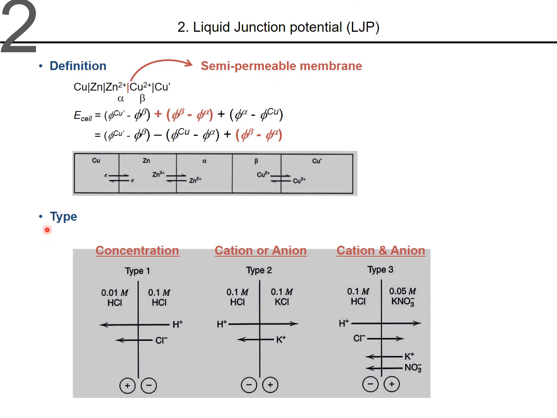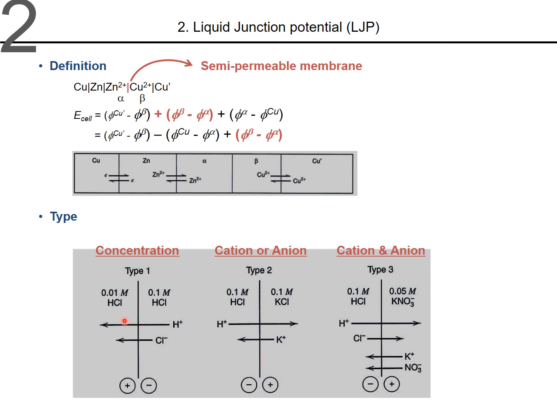Three types of liquid junction potentials are here. The first one, type 1, is the concentration liquid junction potential. Here is the situation. We have two compartments for the electrolyte. Between them, we have a semi-permeable membrane.